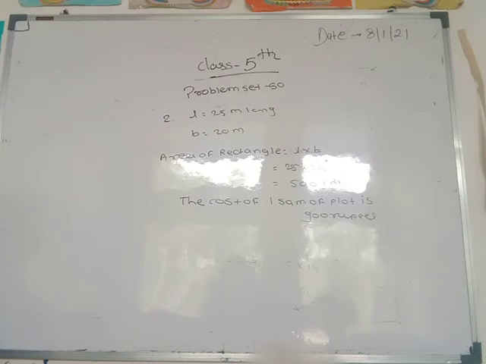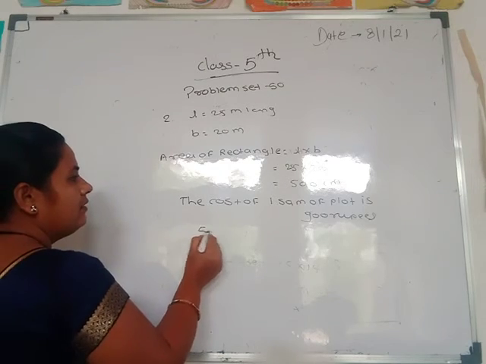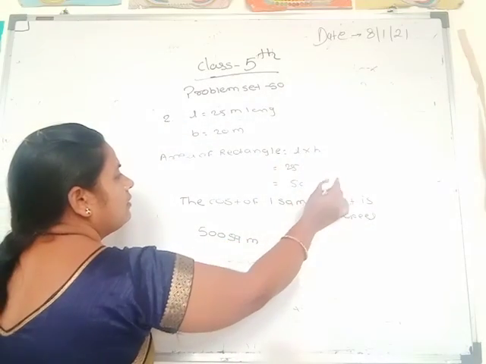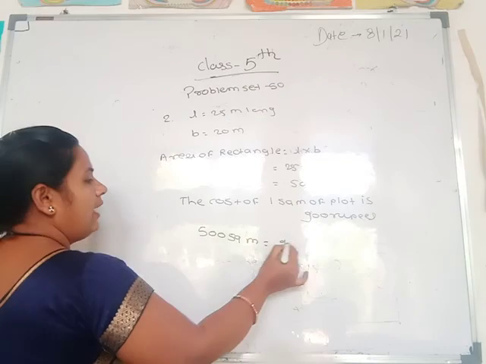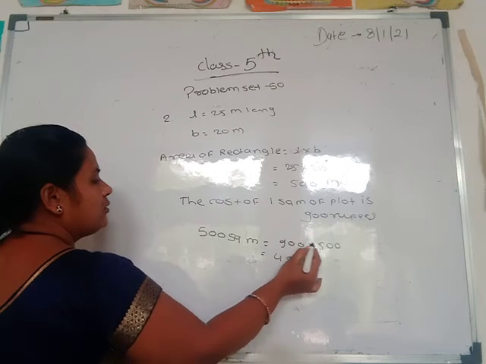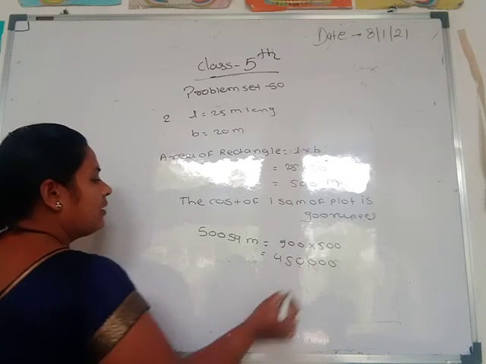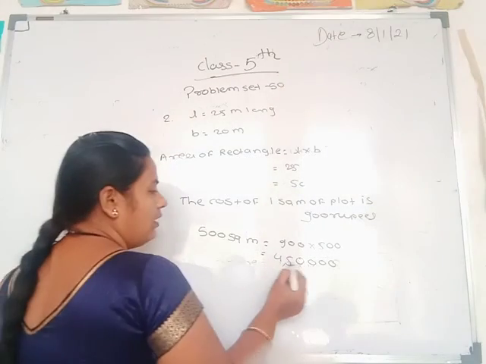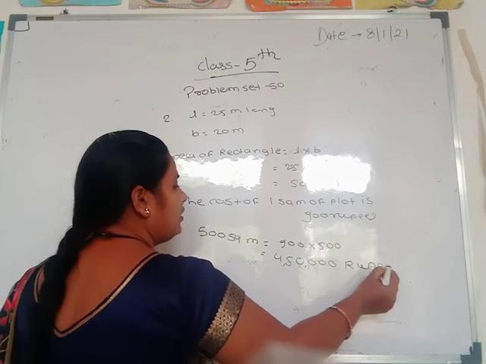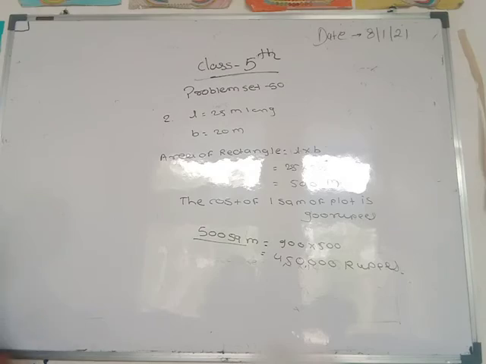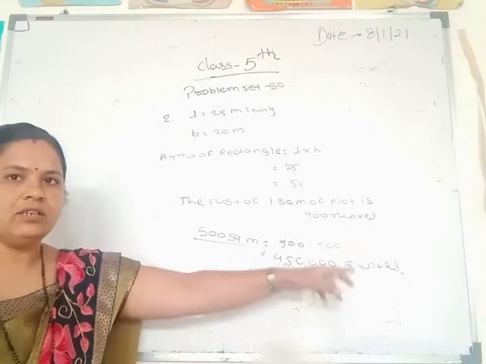Then the cost of 500 square meter is equal to 900 into 500. 9 fives are 45, and these two zeros and these two zeros make 4,50,000 rupees. The cost of this 500 square meter plot is 4,50,000 rupees.